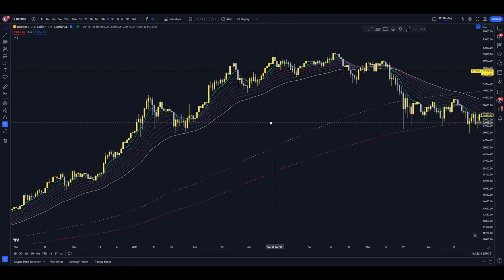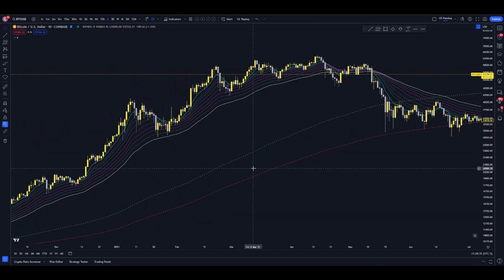If you're not familiar with moving averages, again, you can look it up on Google, of course, and that'll give you a whole rundown of it. But basically, it's just an average calculation of price over a given time frame. So for example, this green one here is the 200 period moving average. So at any particular dot, this is going to be the average price over the last 200 periods.